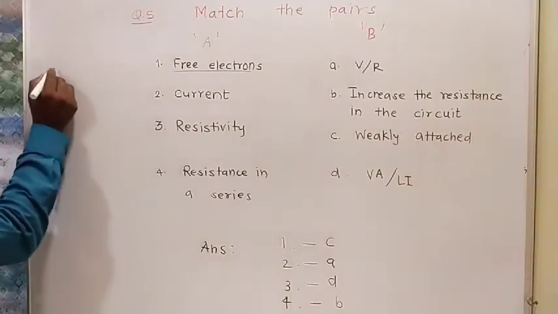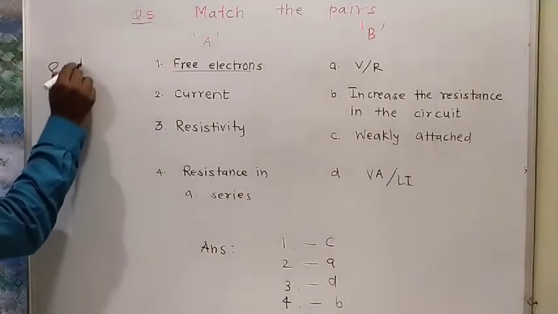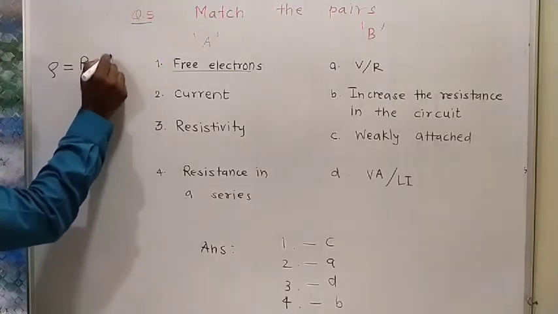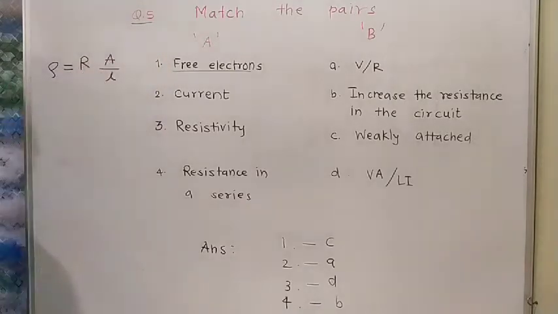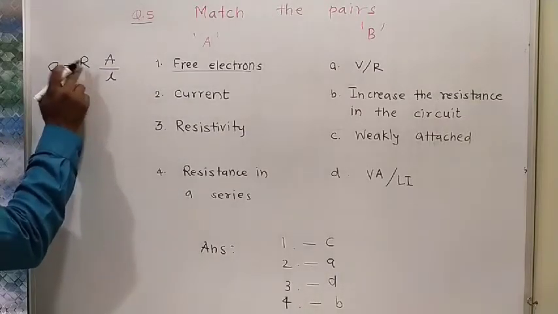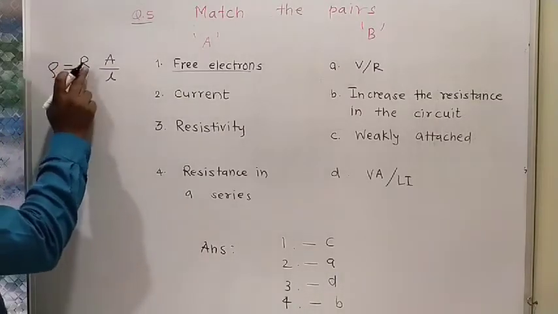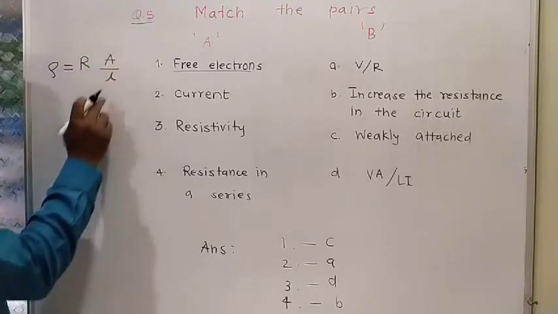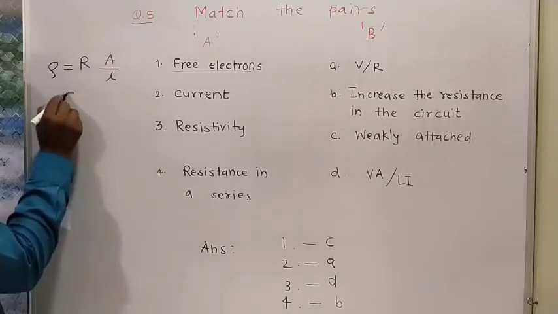See here. What is resistivity? Rho is equal to R into A divided by L. That is the formula we have. Resistivity is equal to resistance into area of cross section of a wire divided by length. So what is R?